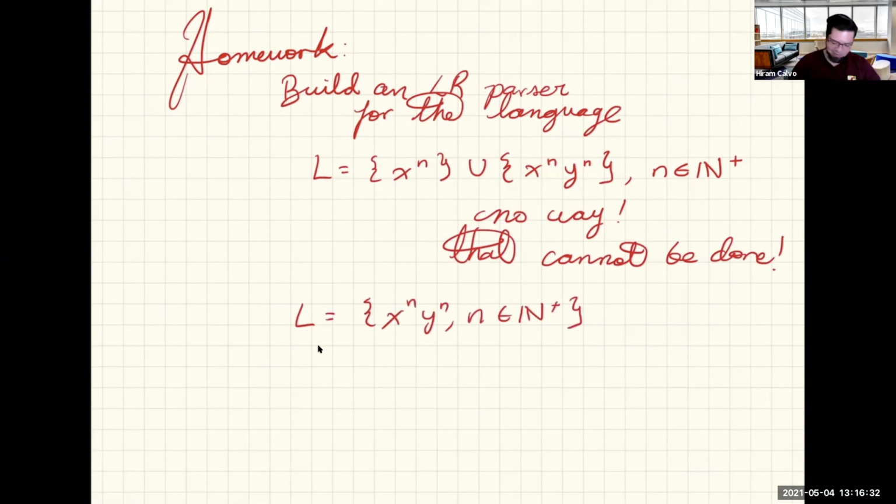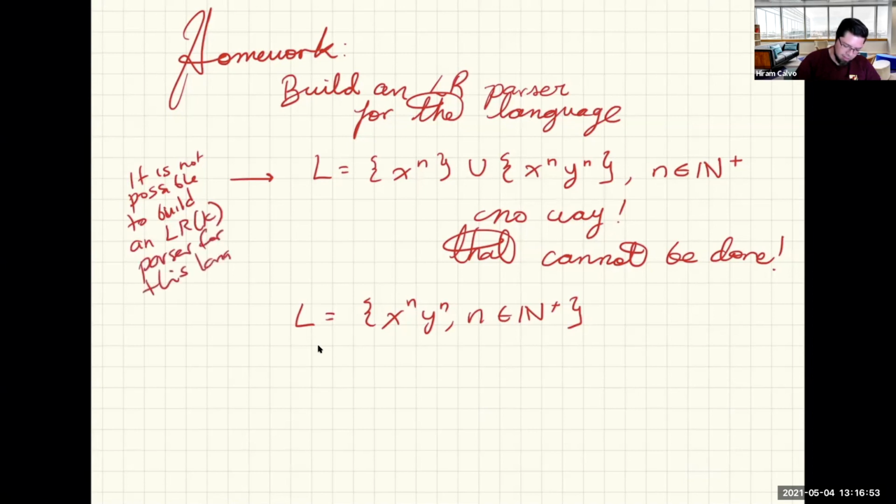I just forgot that it is not possible to build an LR(k) parser for this language. Actually, this is the canonical example.